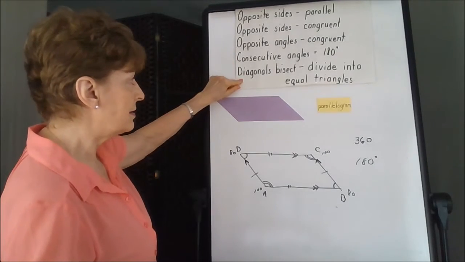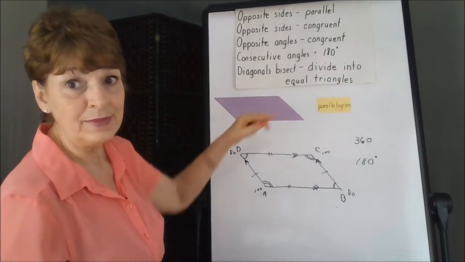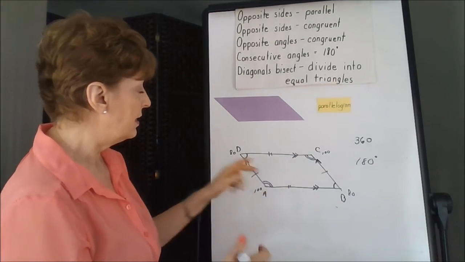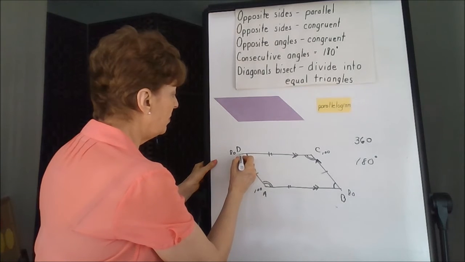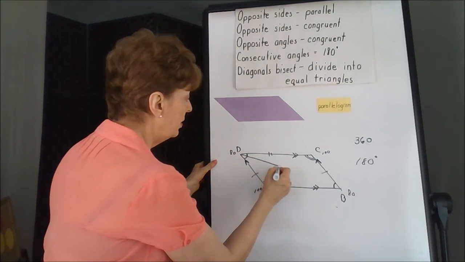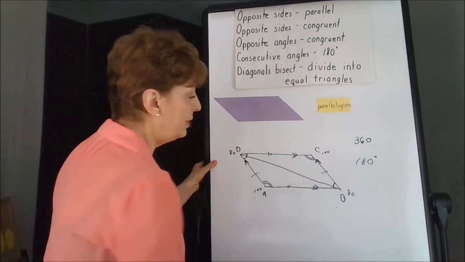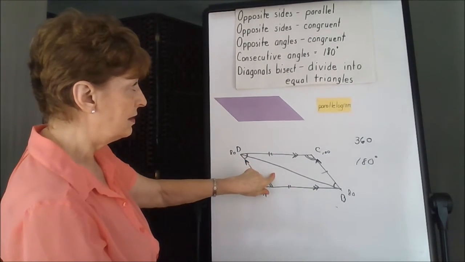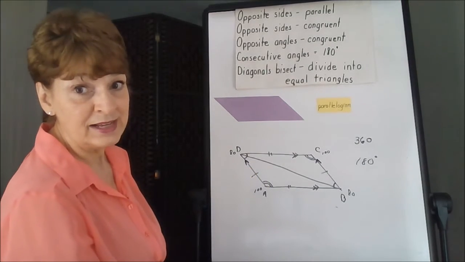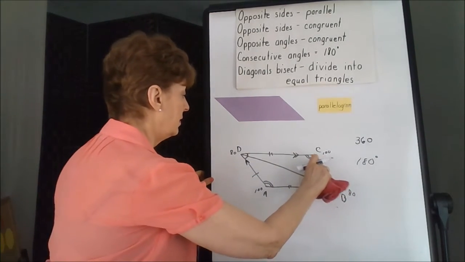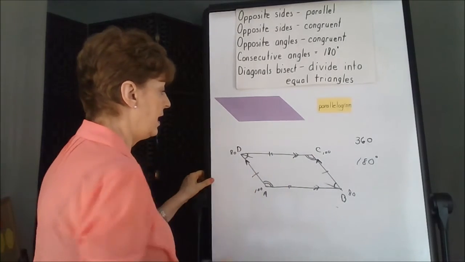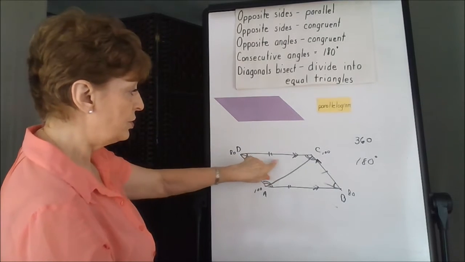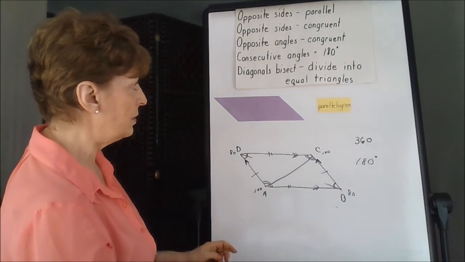The consecutive angles measure 180 degrees. The diagonals bisect. That means they cross, and they cross midway. So if I did a diagonal from angle D to angle B, do you see how I would make two equal triangles of this? Now if I did the other way and connected C and A, I would still have two triangles in this, and these would be equal.